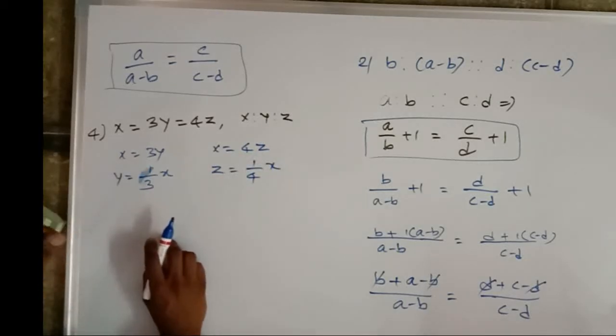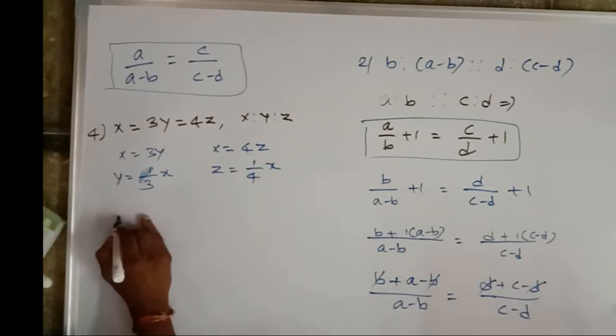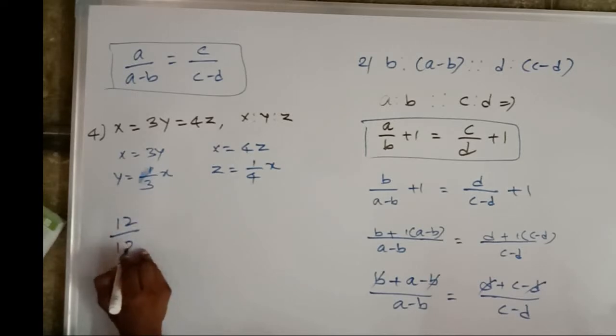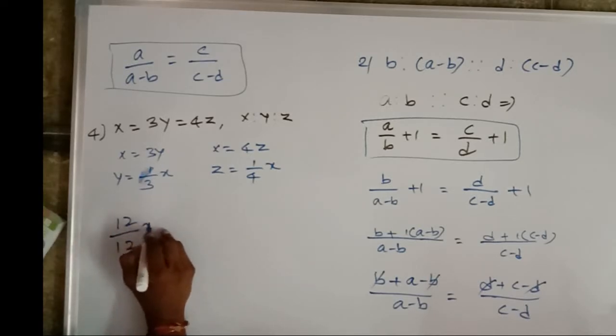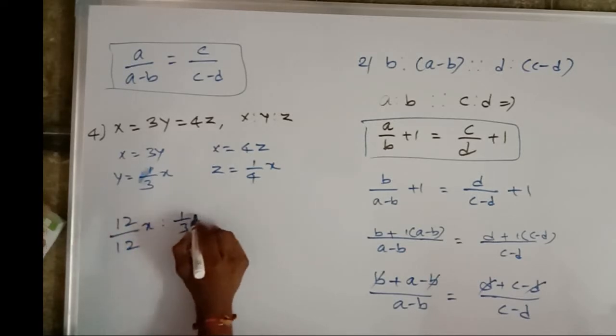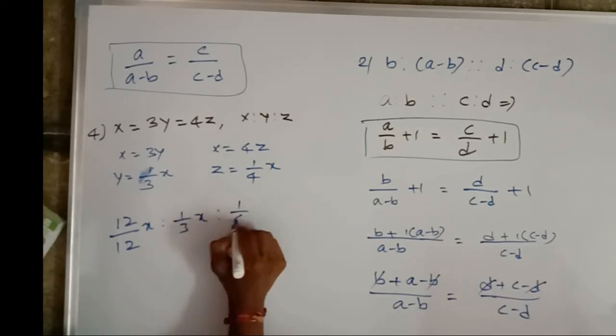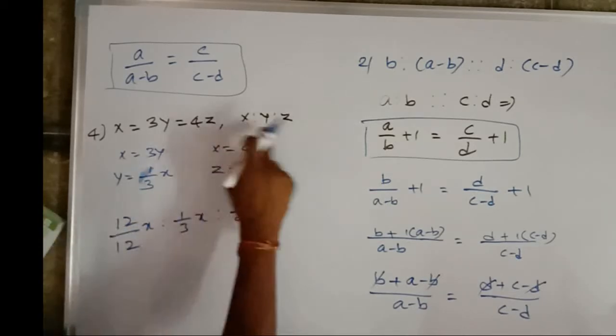Now x is to y is to z is equal to x is to 1 by 3 x is to 1 by 4 x.